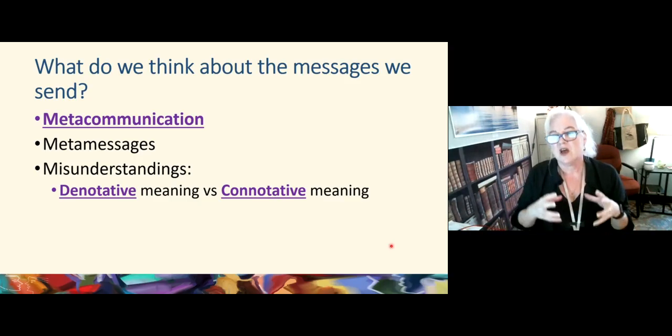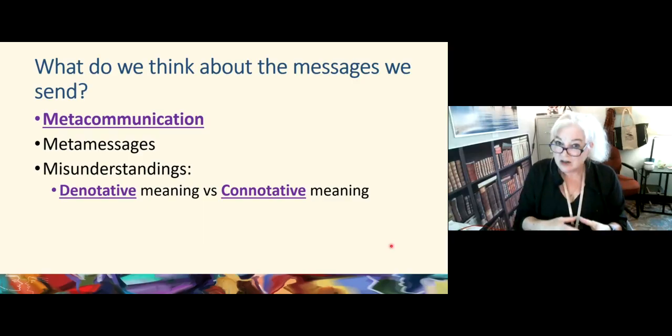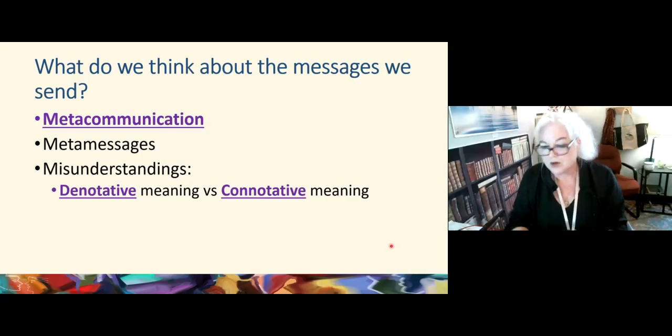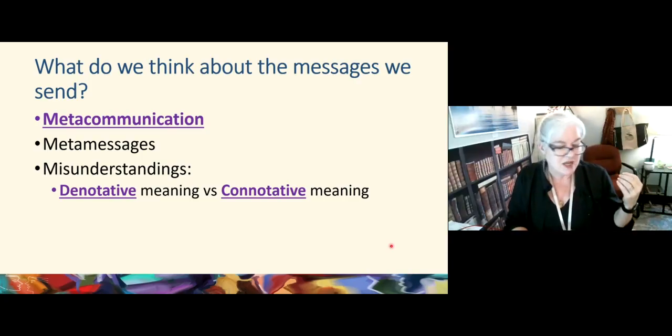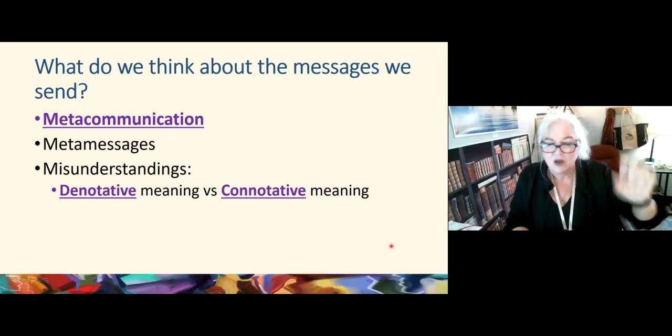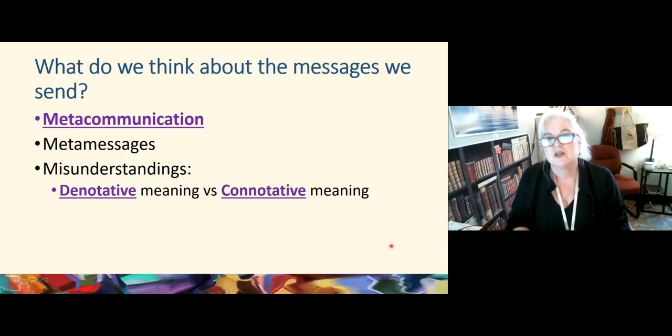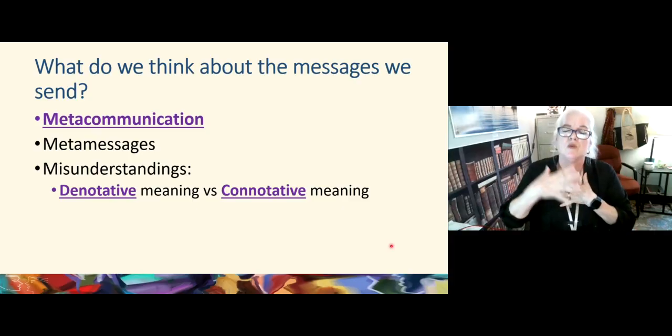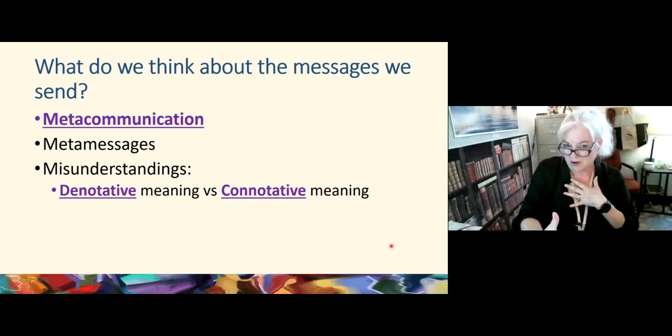Denotative meaning is, of course, the word's dictionary or descriptive definition. You could look up a word in the dictionary and you can define it with very specific information, but your connotation is going to be your personal relationship with that word, okay?